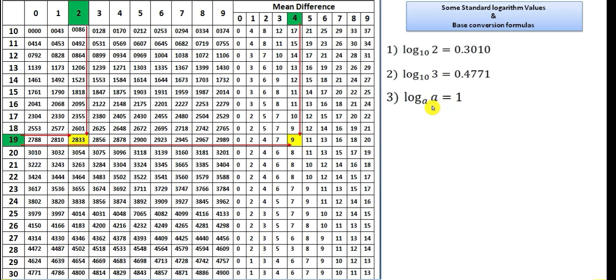There I already mentioned that the question log of a base a equals how much is the same as someone asking you a to the power how much equals a. So, what is that answer? 1. So, obviously this has a value of 1. I can remember it as a formula, and also I can write this value by using the definition of logarithm.